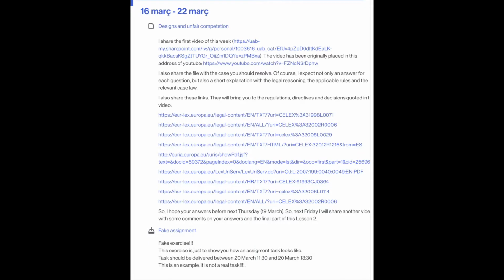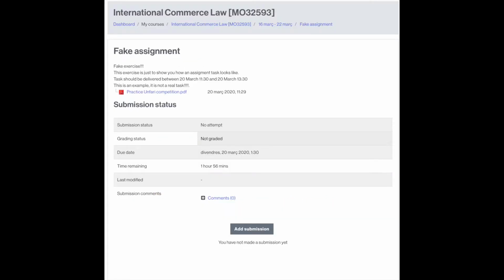In Moodle, there is a possibility called assignments that allows you to put a task, and then you have a certain time to do that task and to send me that task through Moodle. This is important, through Moodle. I'm sharing with you the picture showing the Moodle space in order to see how it looks, and you are going to use Moodle to send that exercise.